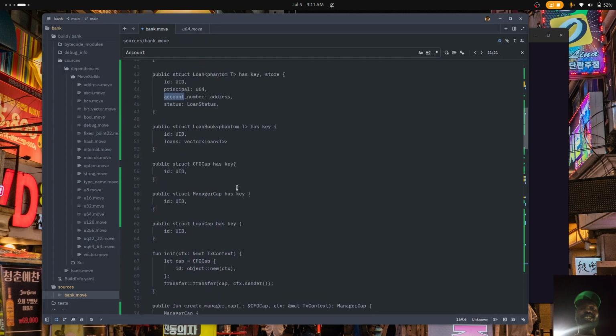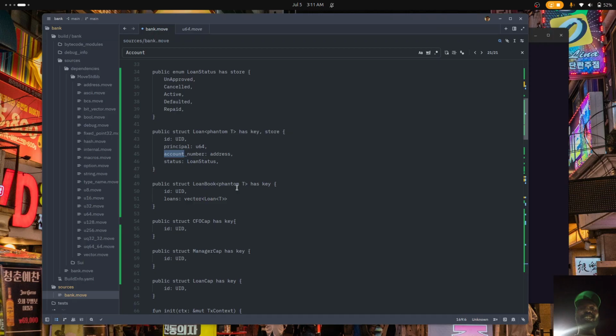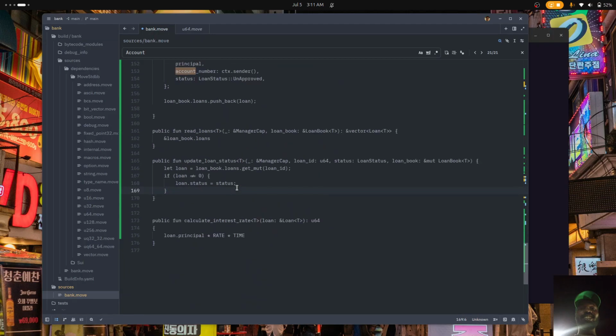Let me see. Yeah, that's not what I want to do. Loan status is here. We don't want to go through the loan book, just want to pick up that loan itself. It exists, right? Take the loan and update it to work. Obviously it will.